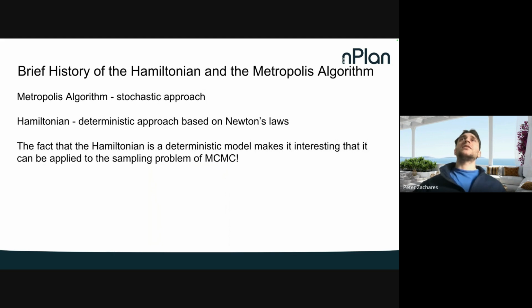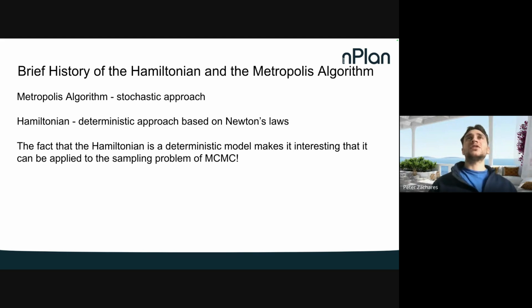The interesting thing is that the Metropolis algorithm is a stochastic approach, whereas the Hamiltonian is a deterministic approach. The Hamiltonian is based on equations, and in its raw form there's literally no sampling that goes on. There's no randomness, but it's still really good at simulating these states of idealized molecules.